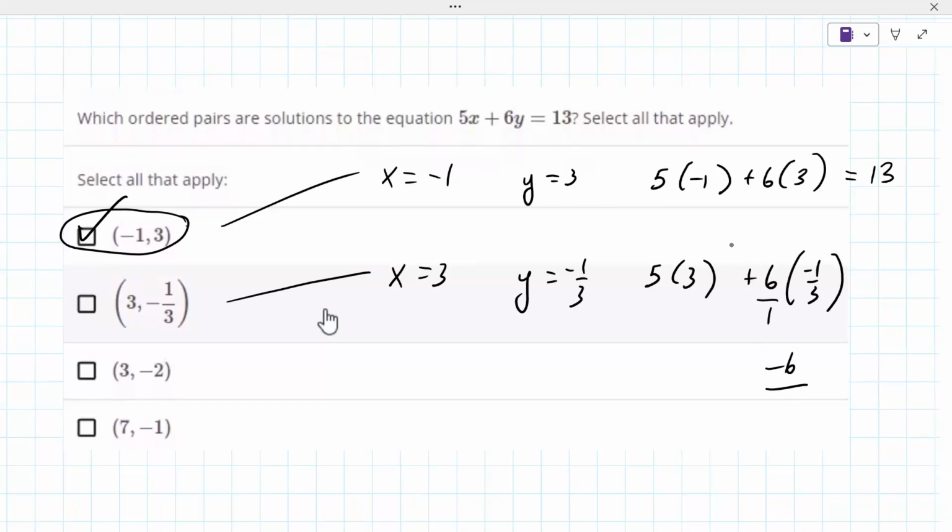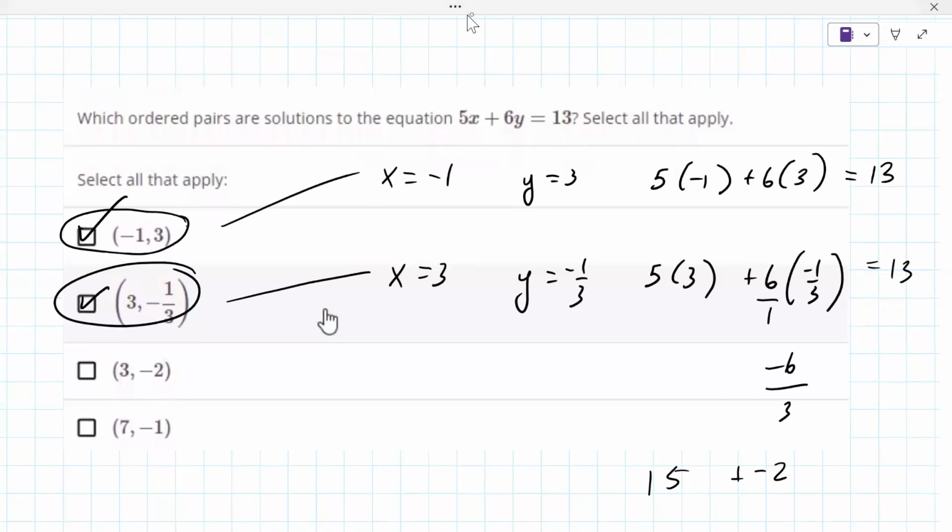Multiply the bottom numbers. 3. What is -6 divided by 3? -2. Yes. So it's 15 plus -2. Does that equal 13? Yes. So that one also worked.